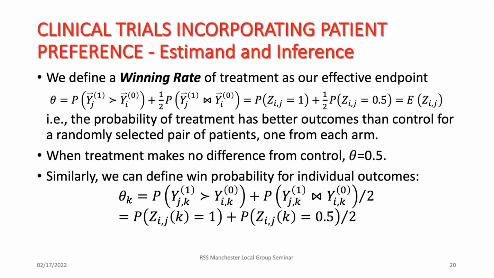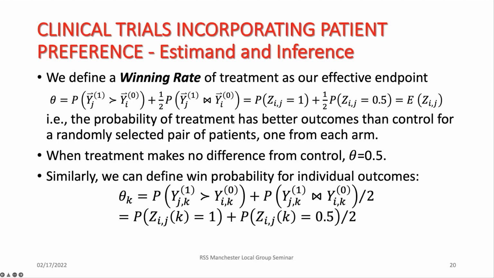Once we have that, everything becomes much easier. We can define the winning rate, or winning probability, for the overall comparison. Once we can rank, the winning probability is basically the expected value of Z_ij. Because the two arms are exchangeable, if treatment doesn't work, we expect the winning probability to be 0.5.